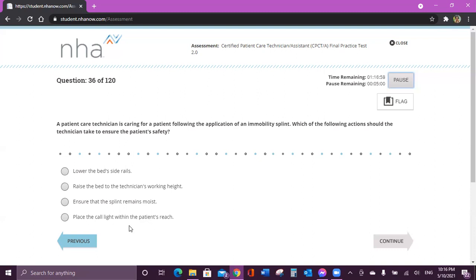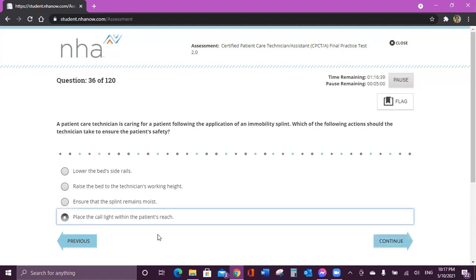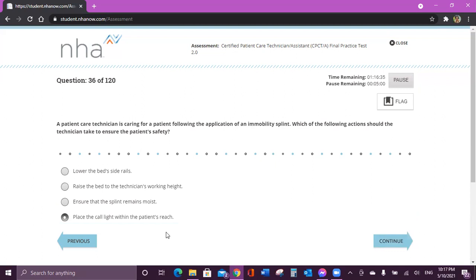A patient care technician is caring for a patient following the application of an immobilization splint. Which of the following actions should the technician take to ensure the patient's safety? ¿Tú ves? Exacto, la seguridad del paciente. Entonces me imagino que esta, ponerle el call light y cuando termina, porque es la seguridad del paciente.